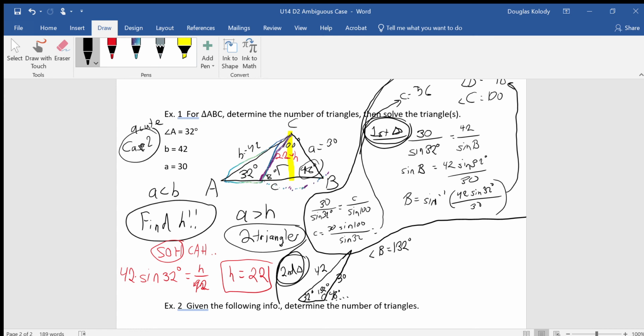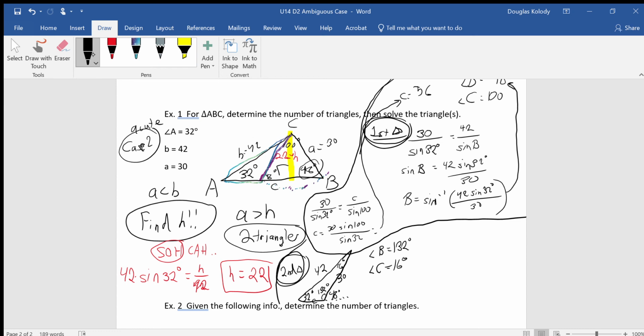If I take 132 and I take 32 and I add it up and I subtract from 180, angle C is 16 degrees. Bada bing! Wow, how much less work is that? The only thing left to find is side C. So remember, this is 16 right here. So now I'm just going to set up the law of sines again.